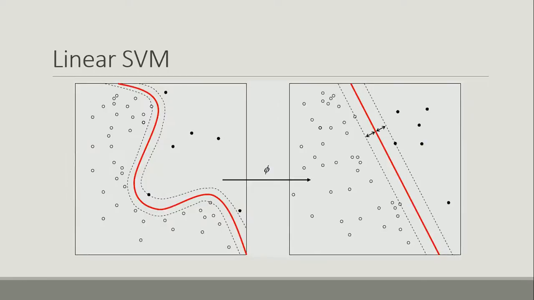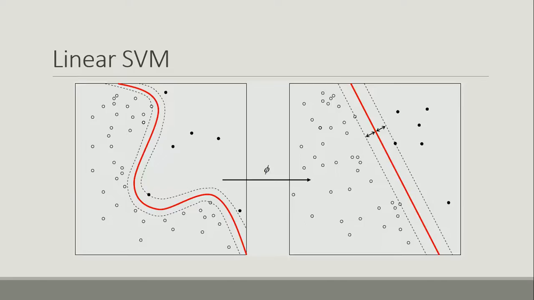There are two types of SVM, which is support vector machine. The first kind is linear SVM. As you may see in the left square, the data there can be divided by a curved line, but when you apply a function phi on that data, it may convert into support vectors that can be divided using a straight line.